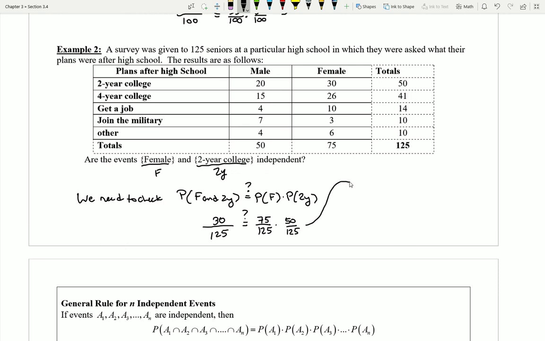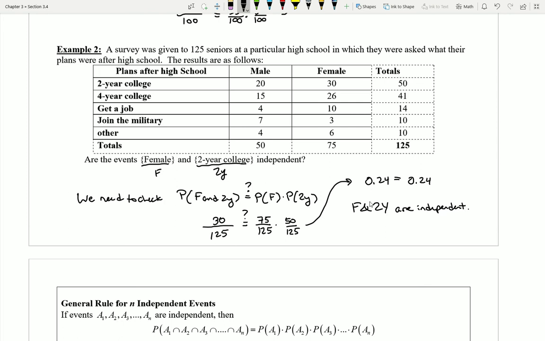Now if I go ahead and check what both sides look like as a decimal, I'll see that on the left side, I end up with the number 0.24, and on the other side, I end up with 0.24. These sides are equal, and so I can say that F and 2Y are independent.